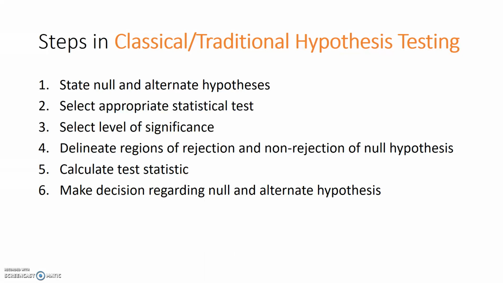We calculate a test statistic. And then finally we make a decision regarding our null and alternate hypotheses, whether we reject our null and substitute in our alternate, or whether we accept our null hypothesis. So we're going to explore these in more detail in forthcoming videos.